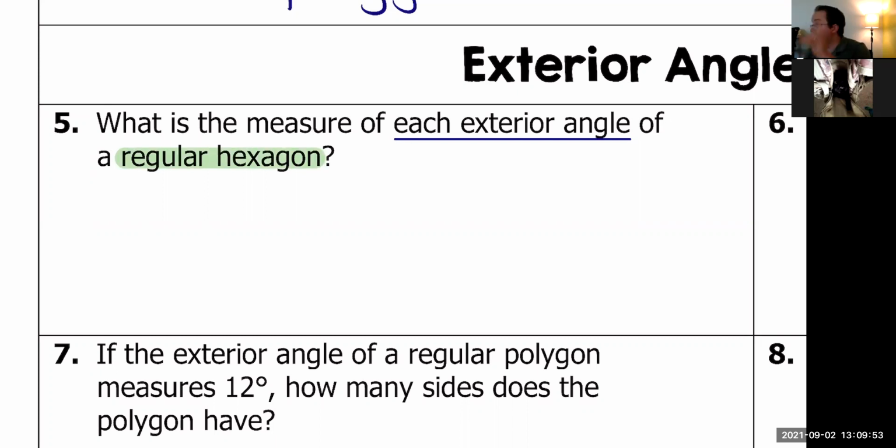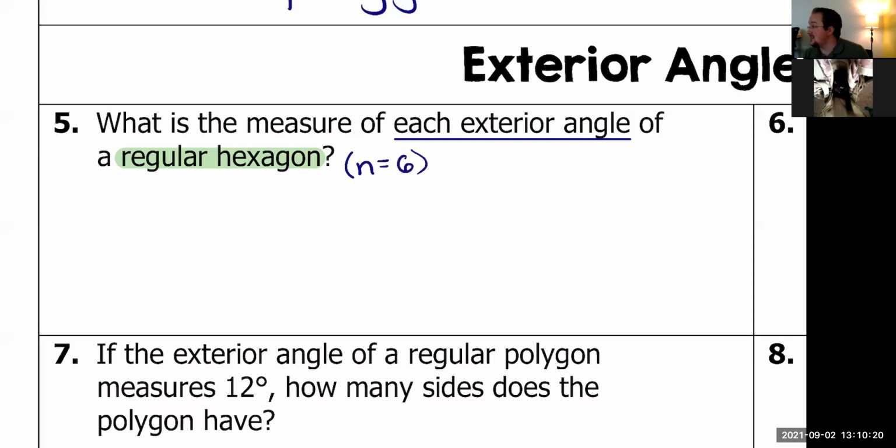First off, it is regular. That is important. That means all the interior angles are the same. So would it make sense then that all of its exterior angles would be the same as well? How many sides does a hexagon have? 6. So number of sides equals 6. How are we going to figure out what each of those exterior angles are?